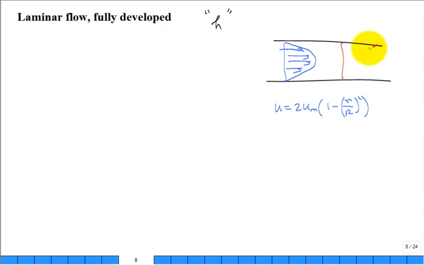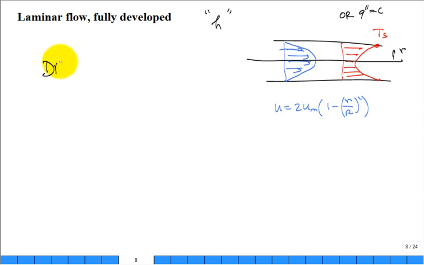Okay, let's talk about temperature. Let's say the temperature profile looks something like this, where here is the T at the surface, and this is the temperature everywhere in the domain as a function of, usually we put these in terms of r, r going from 0 to capital R. Can you solve for that temperature profile, either for the case of constant surface temperature or constant wall flux? Well, we would say, give me a DE.